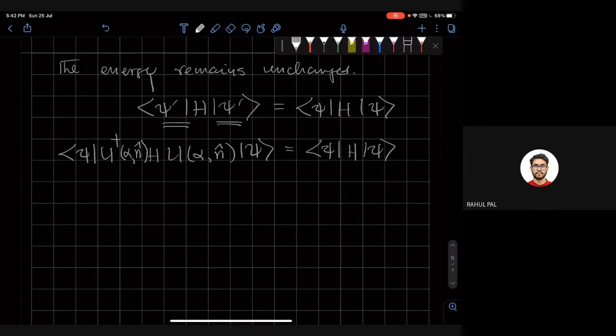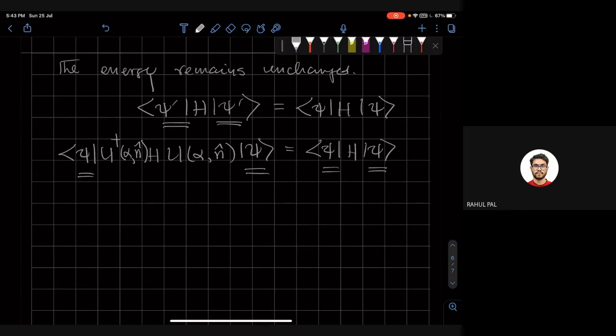Now, this equation is valid for any arbitrary psi by assumption, because we were changing an arbitrary state, we were rotating it. And we were saying that because it's rotationally invariant, the energy should be the same under rotation, regardless of what state we started with.